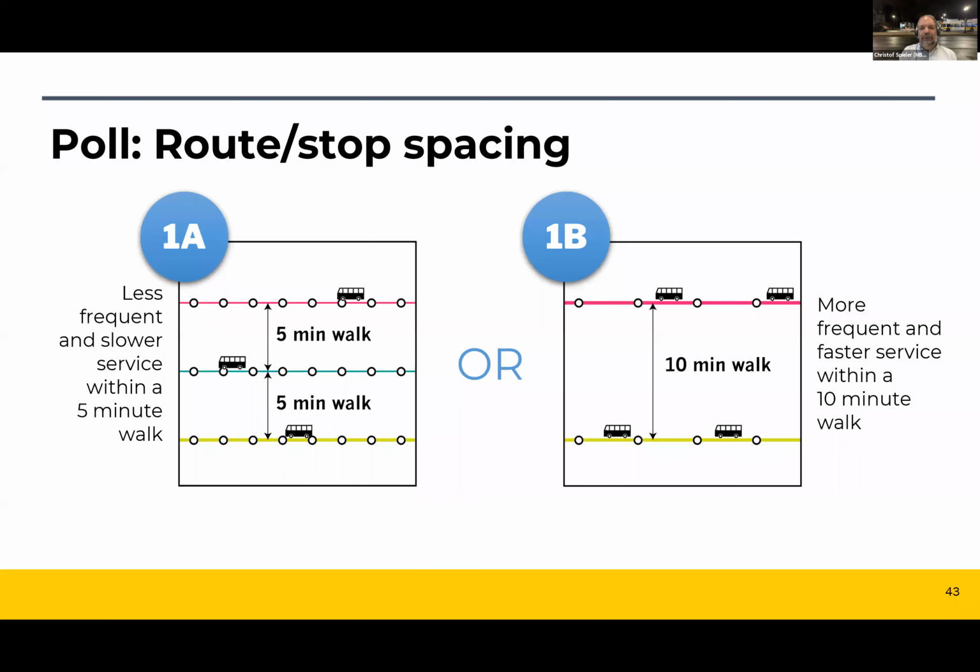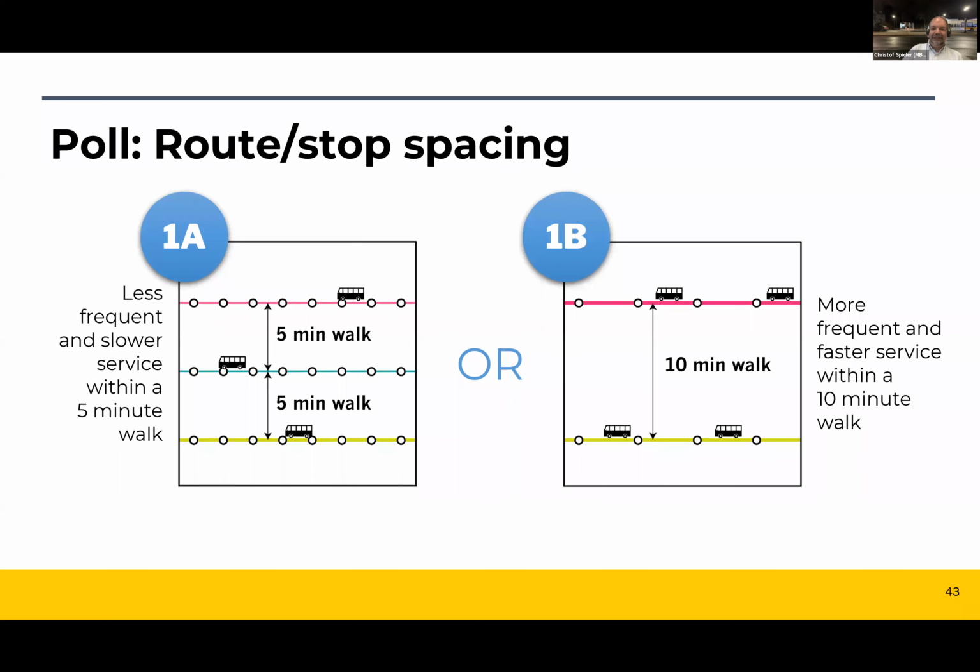A little moment more. I see there's some people still voting. Okay, let's go ahead and close this poll and see the results. Looks like we have about 80% of people saying we should be leaning towards more frequent and faster service, even if people need to walk a little further.